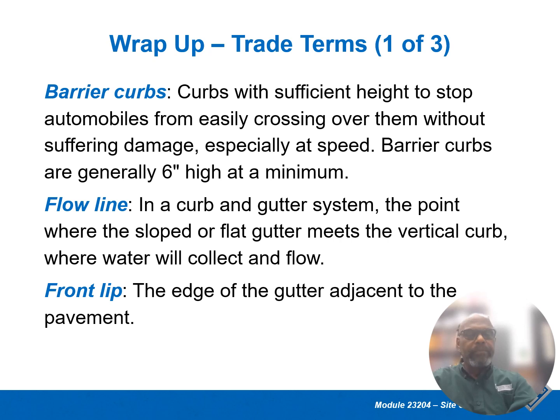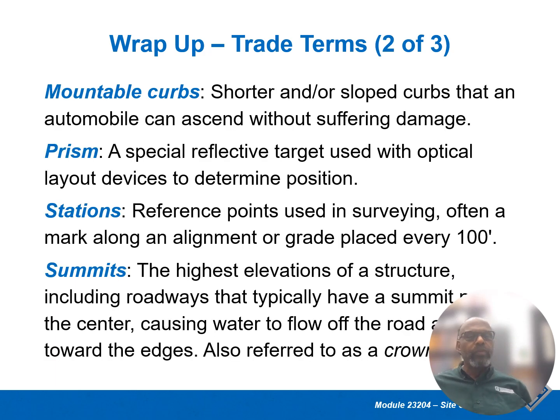Front lip, the edge of the gutter placement to the pavement. So basically that's the front of the curb that's touching the street. Mountable curbs, shorter and/or sloped curbs that an automobile can ascend without suffering damage.